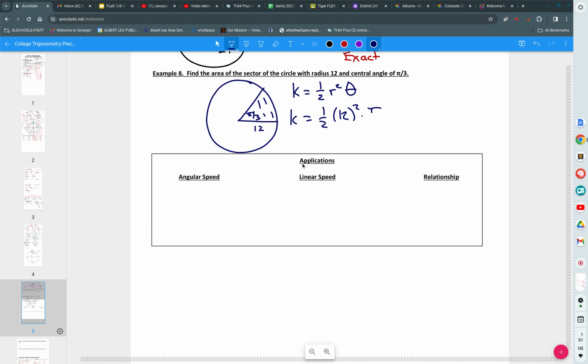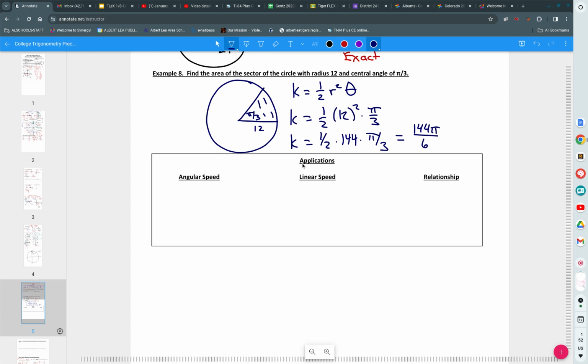It is just pi over 3. K is equal to 1/2 times 144 times pi over 3. We multiply by stuff in the numerator, we divide by stuff in the denominator. You can see this is 144 pi over 6.